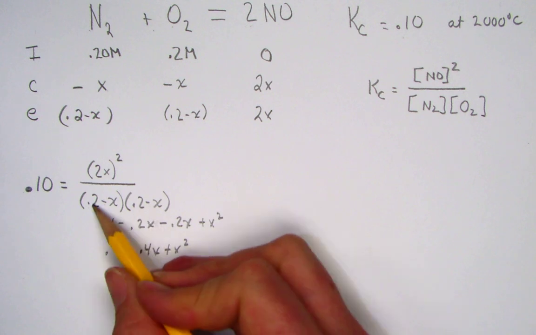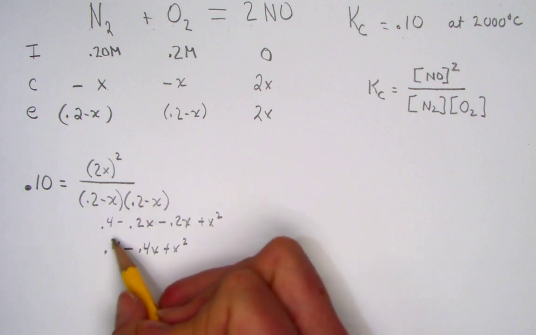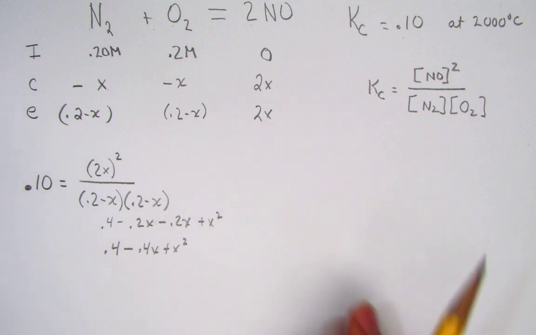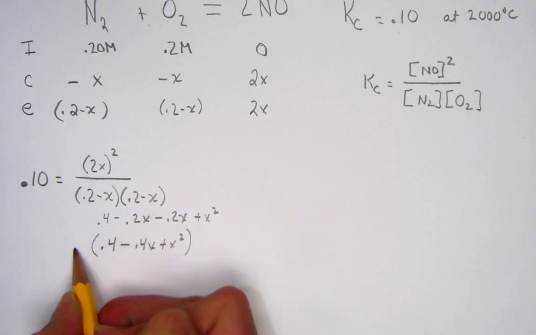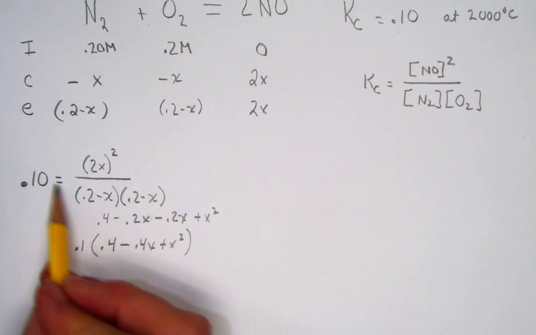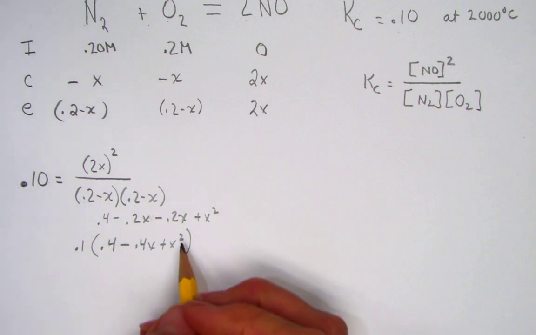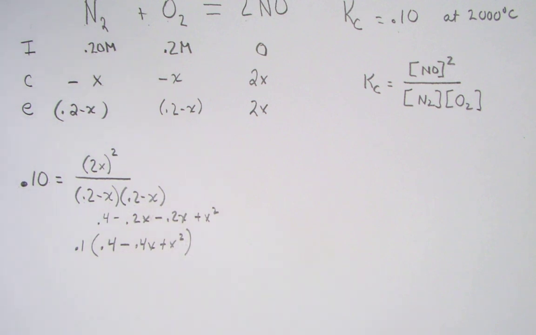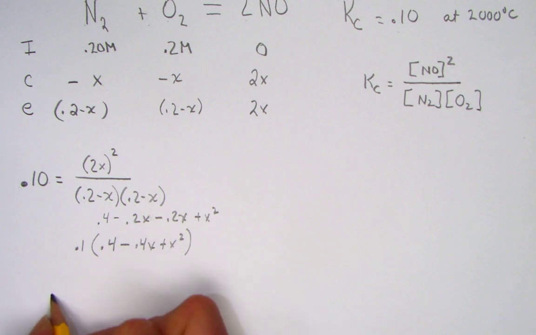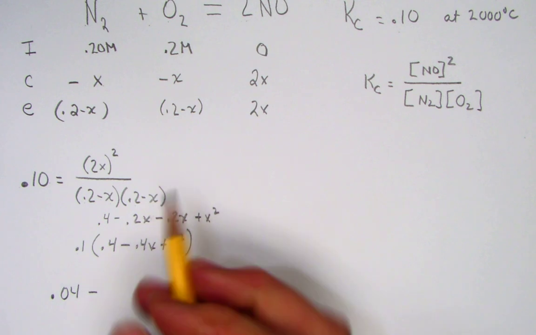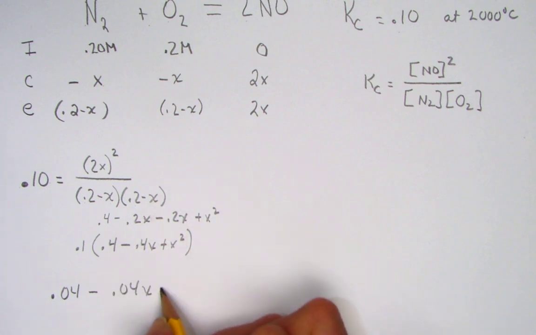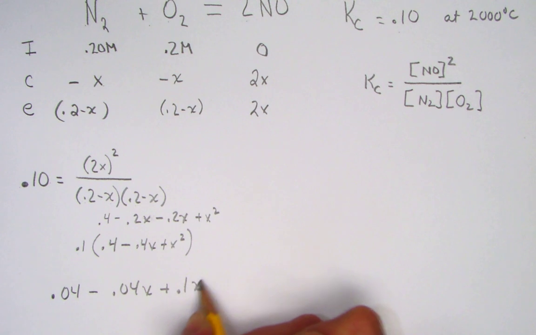Multiply the first terms, multiply the outer, inner, and last, combine the like inner terms, and we come up with our FOILed equation. I also have to distribute a 0.1 through that. Again, bringing that down, this is cross multiplying, distributing a 0.1. 0.1 times 0.04 is 0.004, but that value has x, plus 0.1x squared.